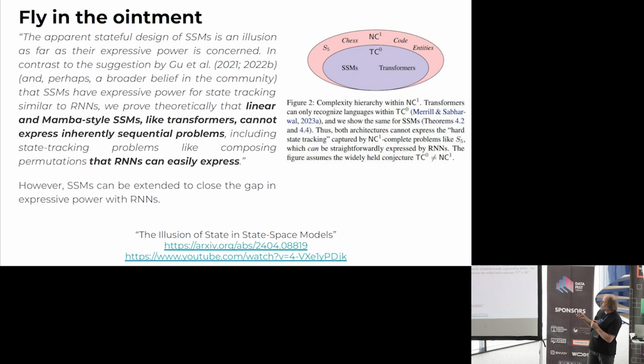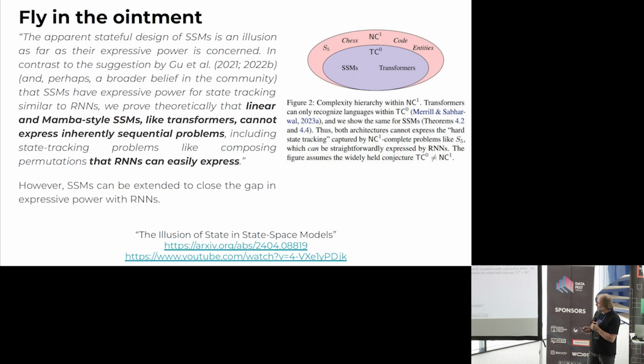So essentially, SSMs and transformers lie in a complexity class that is simpler than the complexity class where RNNs are. So keep this in mind and do not equate recurrent neural models to SSMs. It's still a different thing in terms of complexity, in terms of which tasks they can solve.